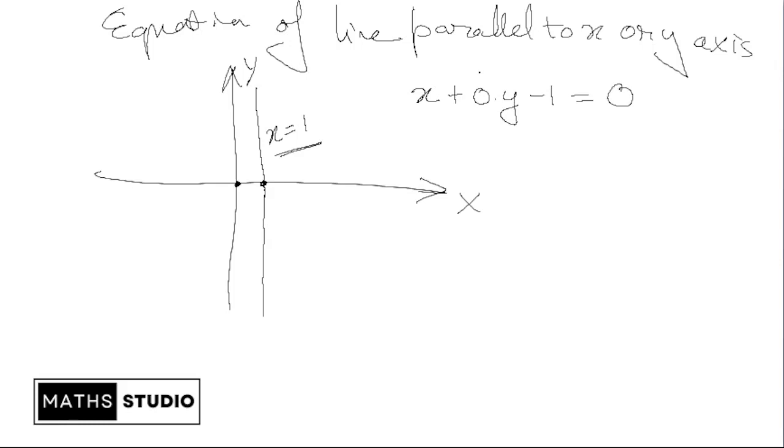Remember the way we had represented a linear equation in two variables in chapter 1. So the value of a is equal to 1, b is equal to 0, and c is equal to minus 1 in this case. As we can see, there is a very interesting thing that comes out. Now, x equal to 1. We can clearly see the value of x is 1 over here.